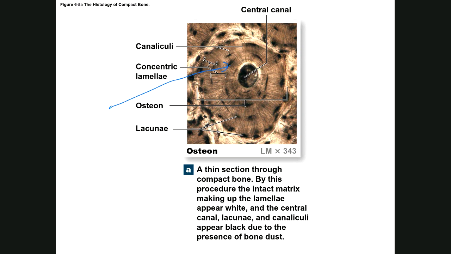Karen, what kind of cell do you find in the lacuna? Oh, Abdul says osteoblast. Well, originally they're osteoblasts, but they get trapped, right? Yes, they're osteocytes. Good job, Richard. It is osteocyte, so make sure you know that.